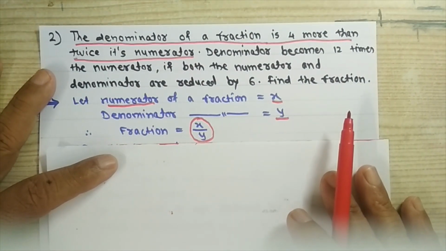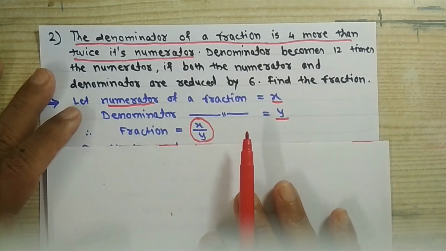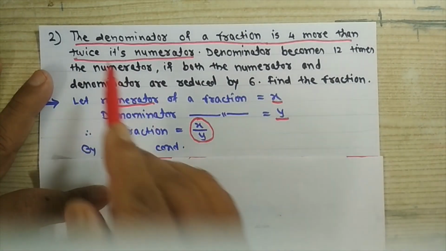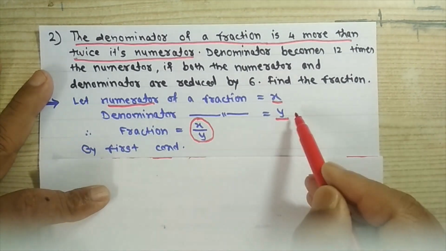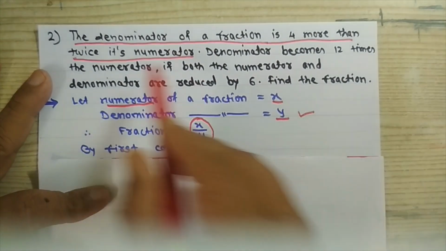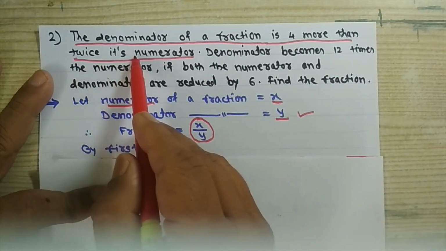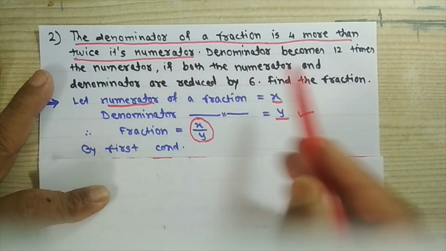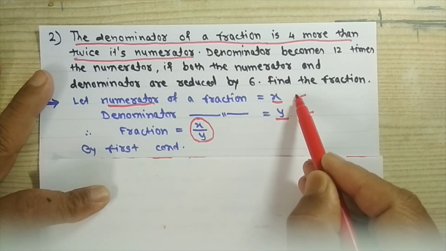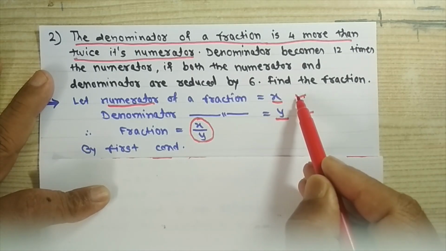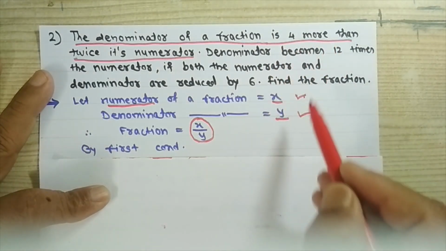We have to take the denominator first. By the first condition, we write denominator of the fraction. Denominator means y. y is equal to, the denominator of a fraction is 4 more than twice its numerator. The numerator is x. Twice its numerator means 2x. 4 more than means plus 4.